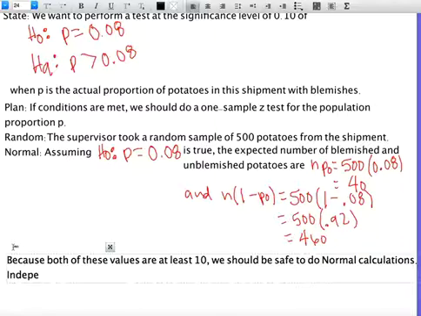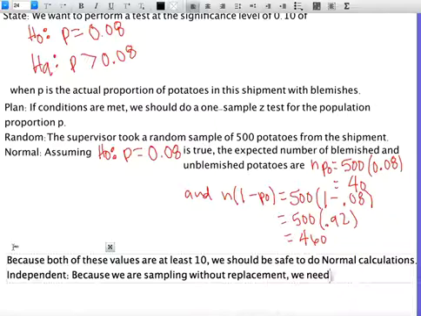So we should be safe to assume that this is normal. Alright, so now we're going to check to see if it's independent. Okay, so we are sampling without replacement. So because we are sampling without replacement, we need to check the 10% condition.